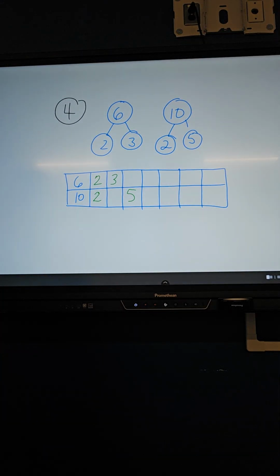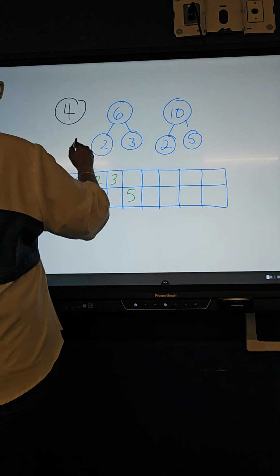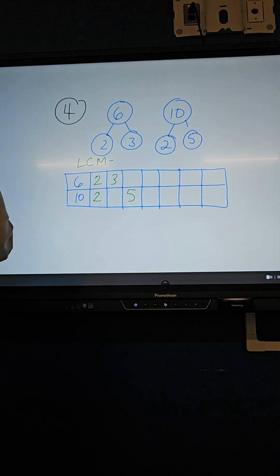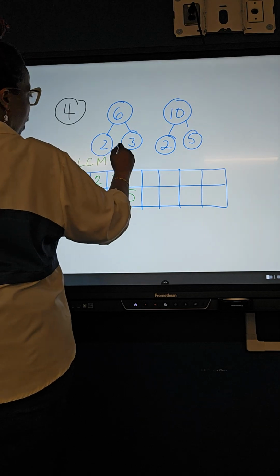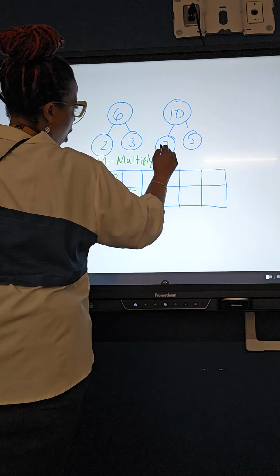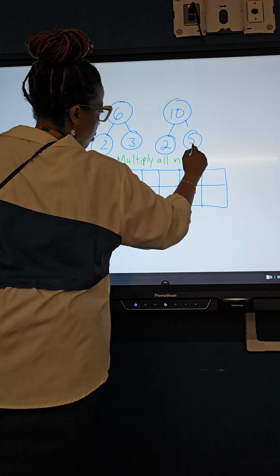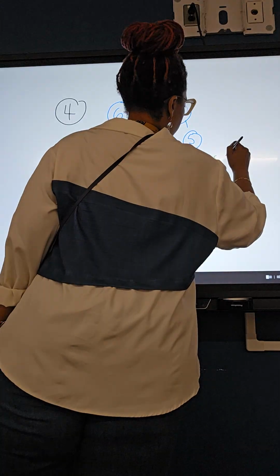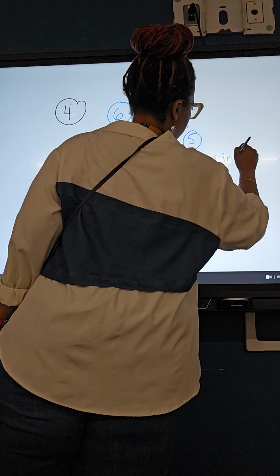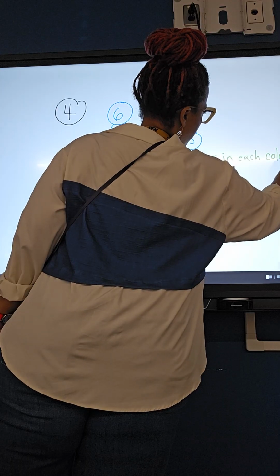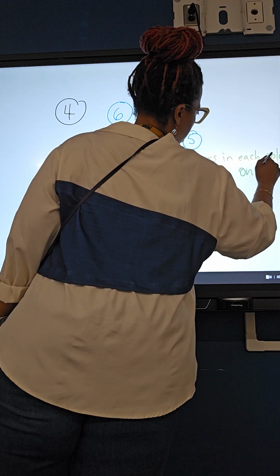Remember, we are finding the least common multiple. To find the least common multiple, you have to multiply all numbers in each column once.